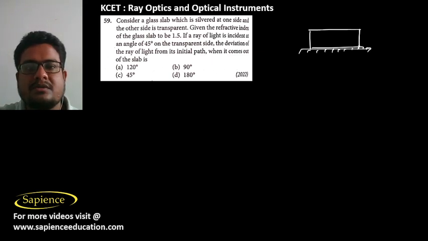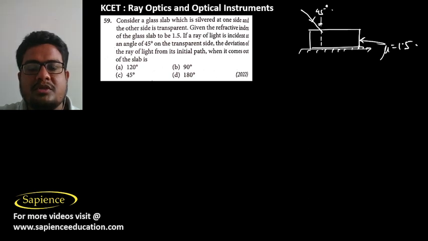Given the refractive index of the slab to be 1.5, if a ray of light is incident at an angle of 45 degree on the transparent side, find the deviation of the ray of light from its initial path when it comes out of the slab. So there will be refraction here, then here there will be reflection, then again refraction, and then it will come outside.